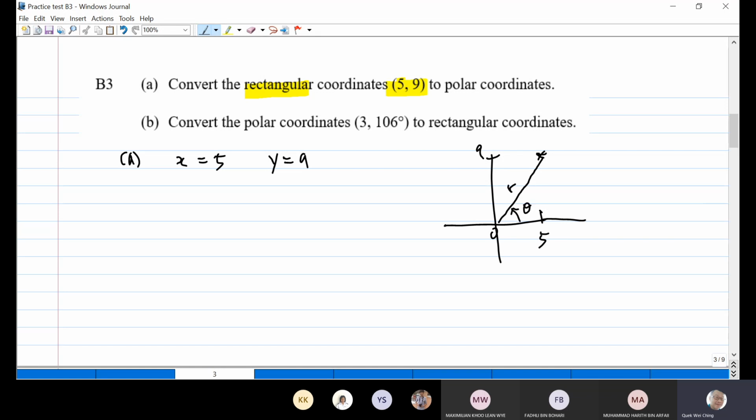So how to find r and theta now? r is equal to the square root of x squared plus y squared. Using a right angle triangle, this is y here, this is x here.